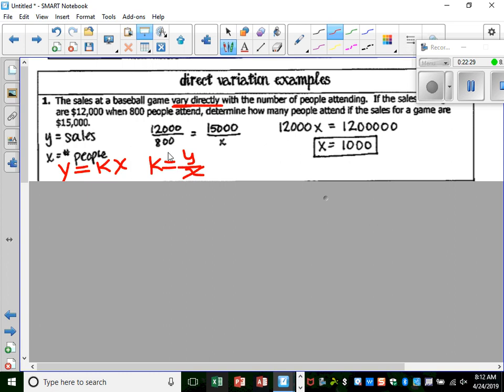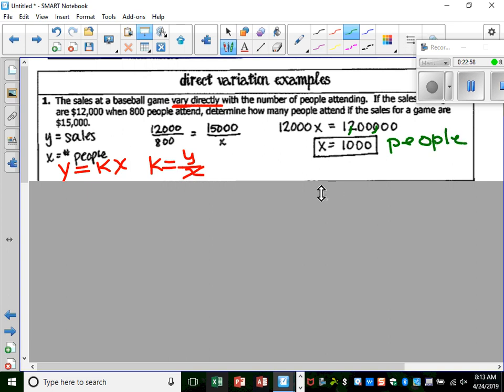Cross multiply the other way. Let's see, that's 1,200,000, I believe. Let's see, 1, 2, 3. Yes. So then when you divide by 12,000, of course, you have 1,000. And this really should say people, because that's what we were looking for.